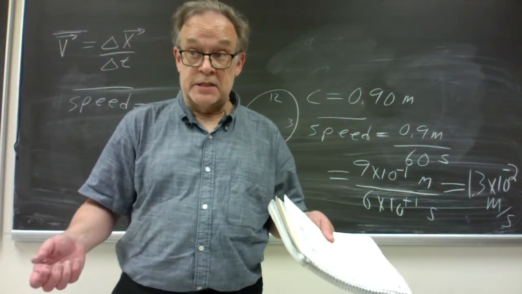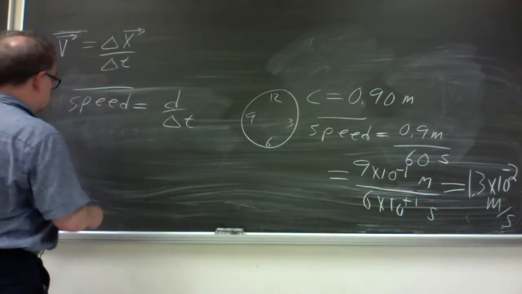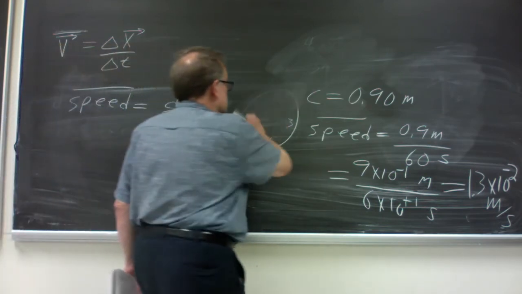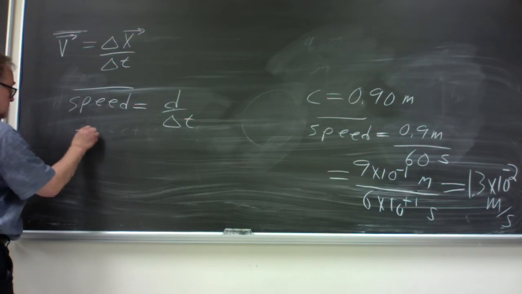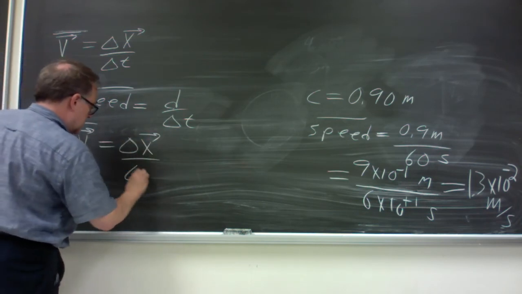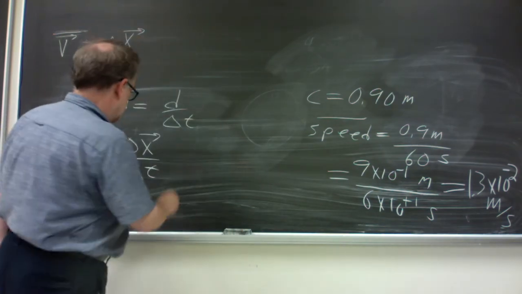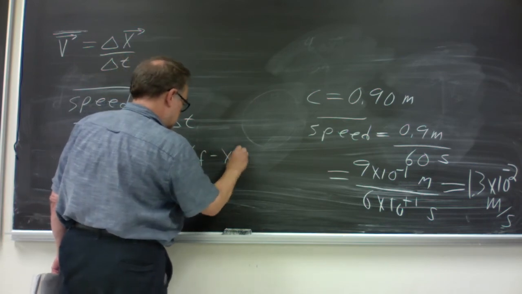What's the average velocity? It's different. Remember, average velocity is displacement divided by the length of time it took to make that displacement. And displacement is just the final location minus the initial location.